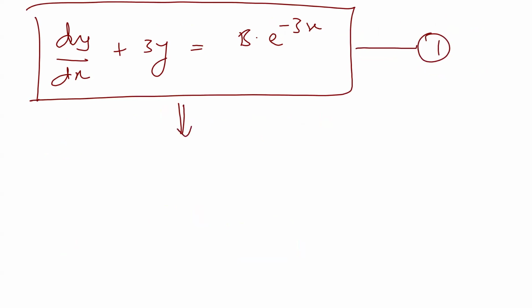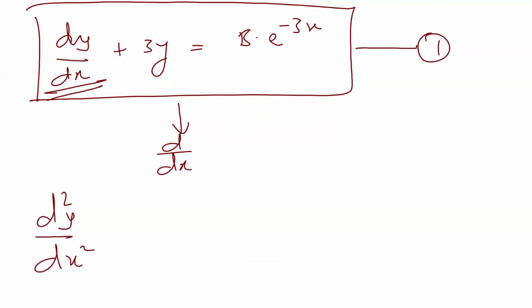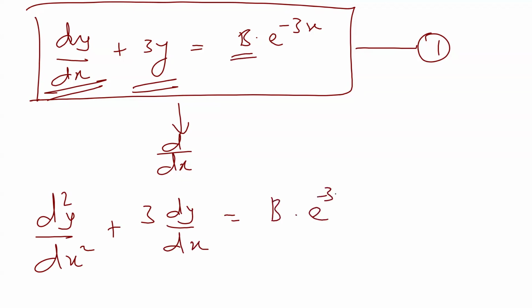We'll differentiate this. Okay. What is the derivative of dy by dx? It is d square y by dx square plus derivative of 3y, 3 dy by dx, equal to b is a constant, it will remain outside. e raised to minus 3x is e raised to minus 3x d by dx of minus 3x.